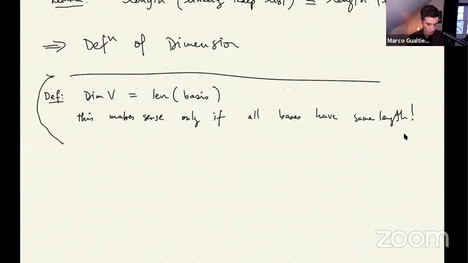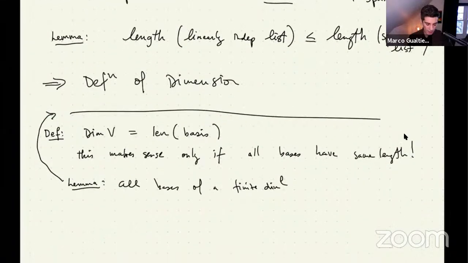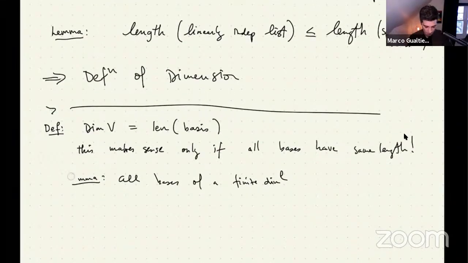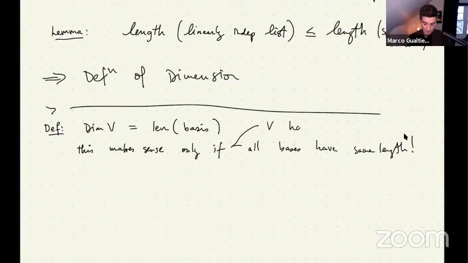We would need to put a preliminary result, which is that all bases of a finite dimensional vector space have the same length. Oh, and I should say, actually, sorry, this makes sense only if two things. V has a basis.